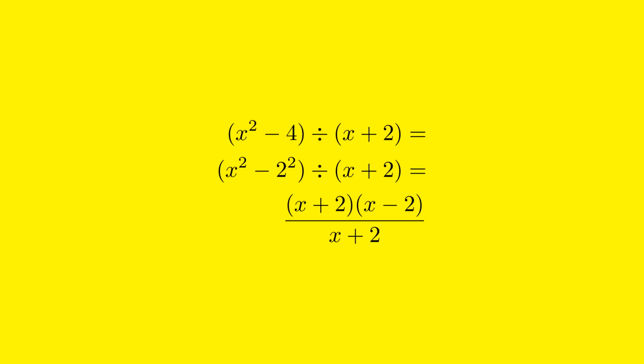So now, the expression x squared minus 4 divided by x plus 2 is transformed into open x plus 2 close times open x minus 2 close divided by x plus 2. We have succeeded in factoring the numerator and rewriting the original expression in a different form. This concludes step 1.